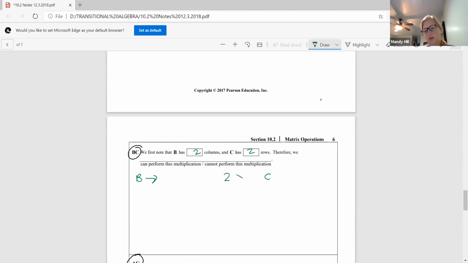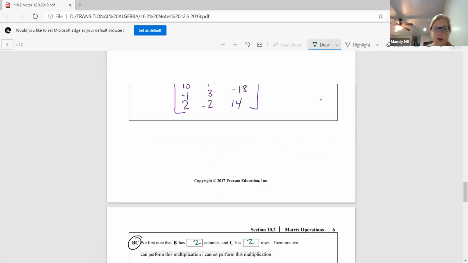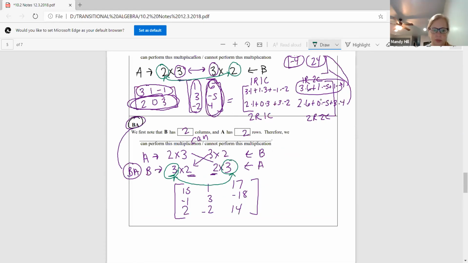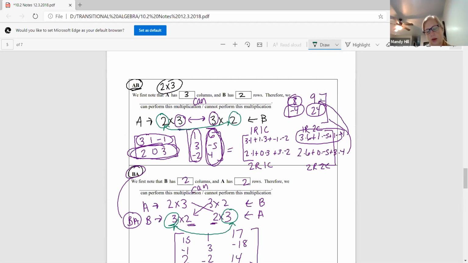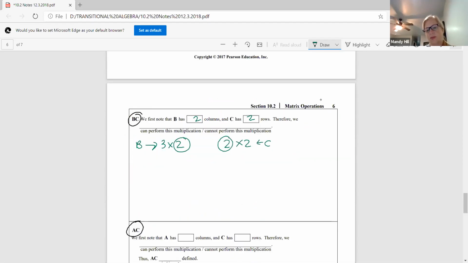We know C is a 2 by 2 and B was a 3 by 2. Okay, these numbers have to be the same in order for us to be able to do this. The answer that we get should be a 3 by 2 though, because that's the first and the last. So let's see if that's what we get.